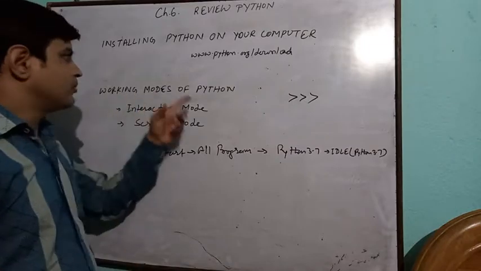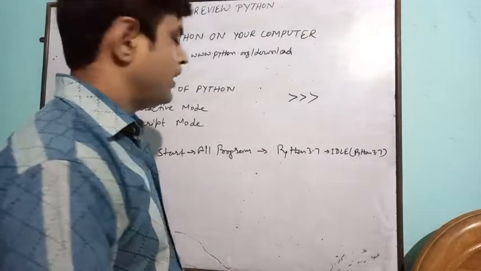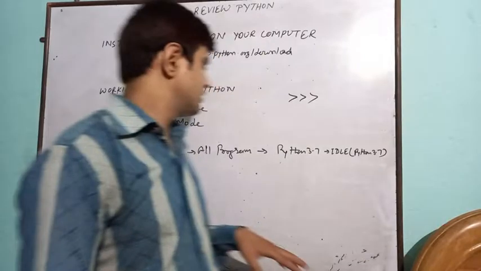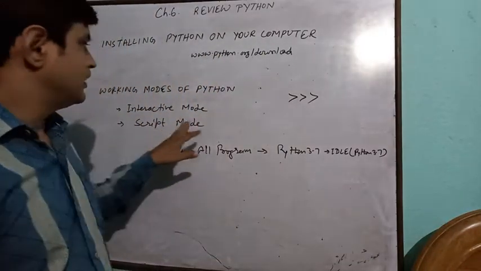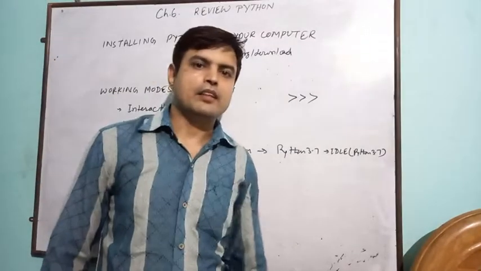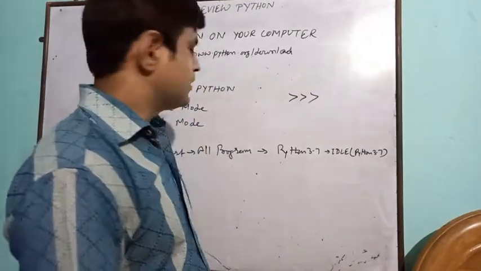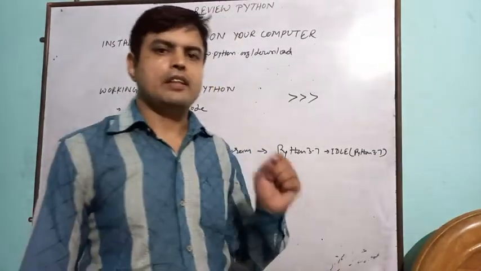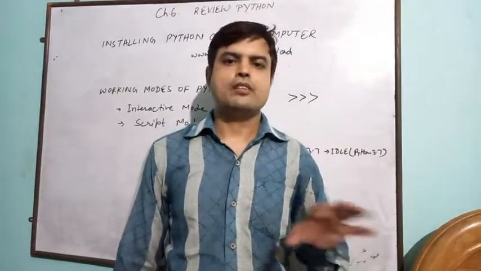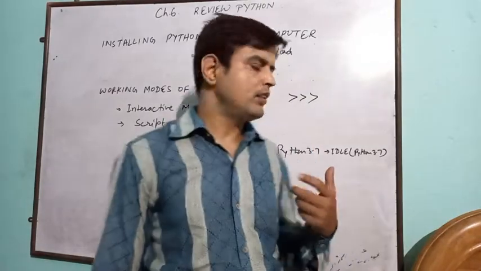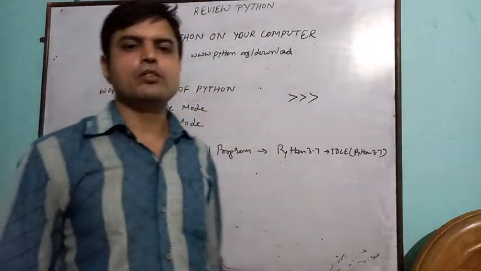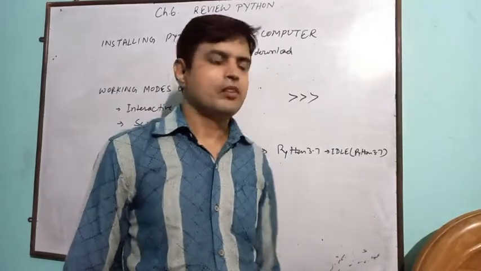Now the working modes of Python. Python works in two different modes, interactive mode and script mode. Interactive mode is used to write short, small programs, while script mode is used to write lengthy programs.